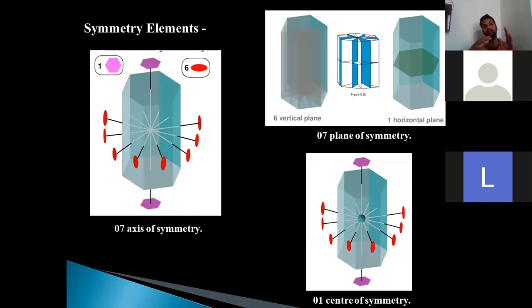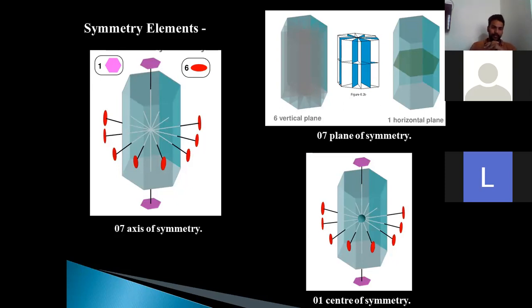So in isometric system, there were 9, 13, 13, 9, and 1. In tetragonal, there were 5, 5, and 1. In orthorhombic, there were 3, 3, and 1. But in hexagonal, you get 7, 7, and 1. So there are 7 axes of symmetry, 7 planes of symmetry, and 1 center of symmetry.